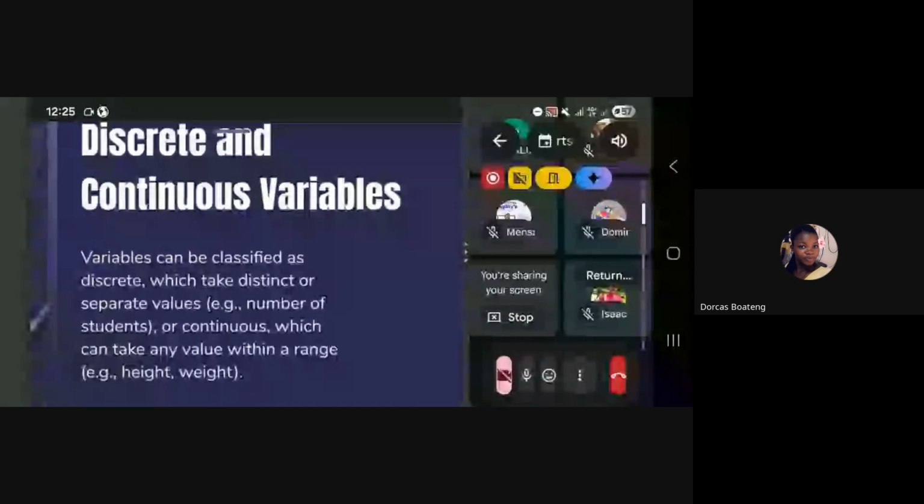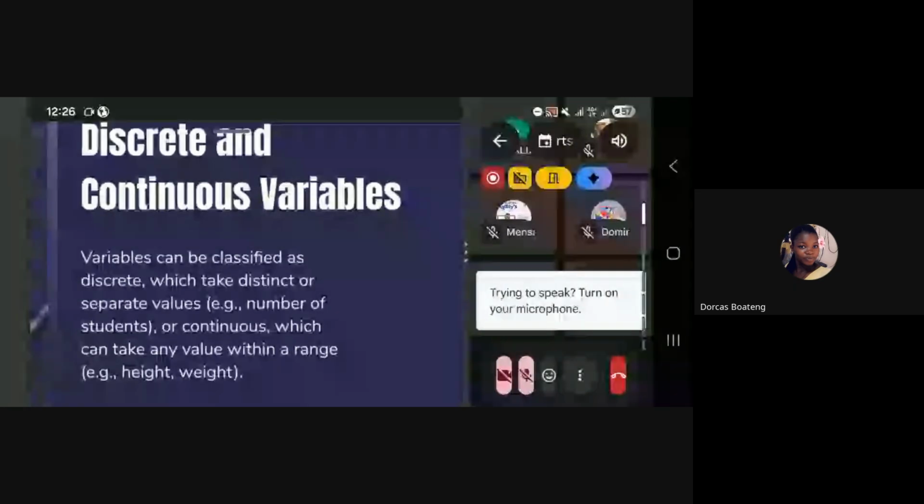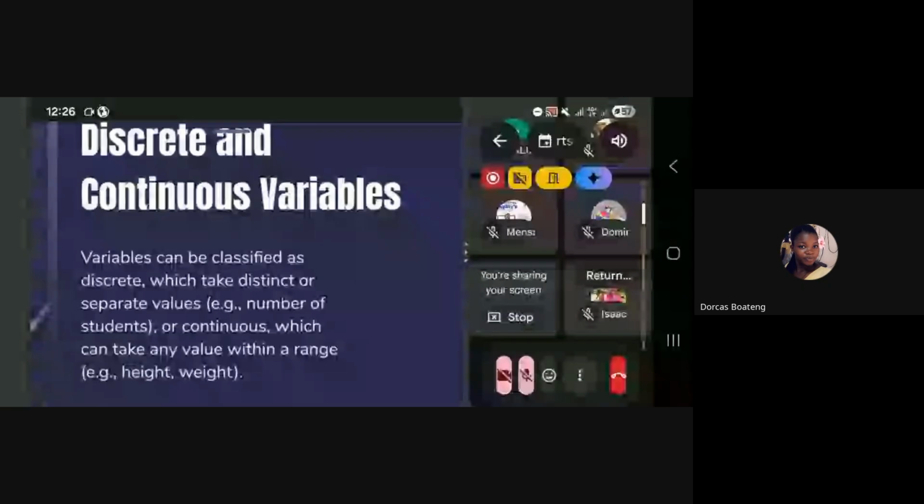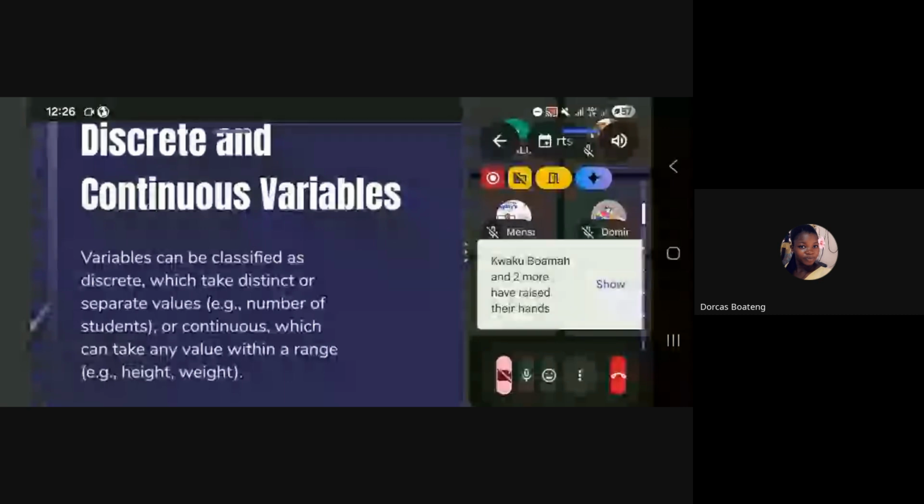The continuous variable takes any value within a range, including fractions and decimals. Example, the distance, volume of water in a bottle, let's say 1.6 liters, temperature 36.6 degrees Celsius, or time in seconds or in minutes. Okay, that is a very good one there.